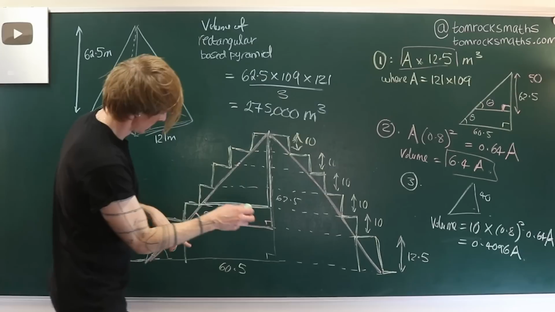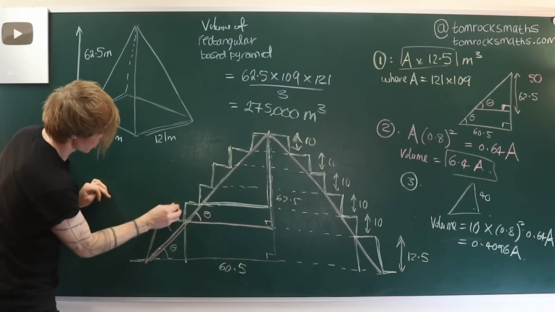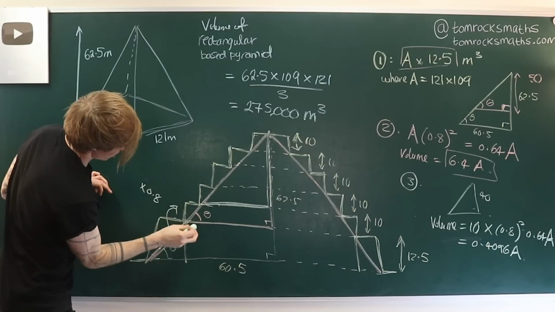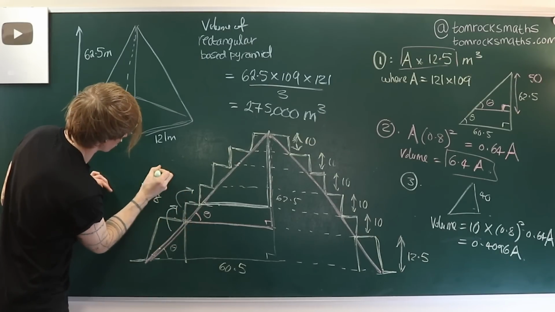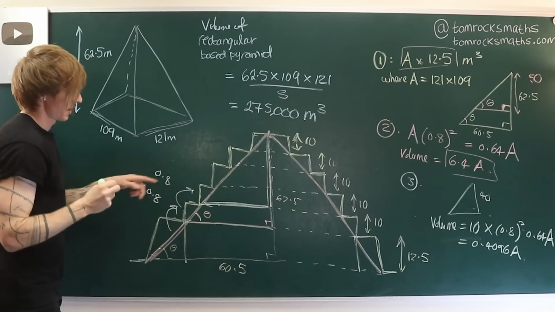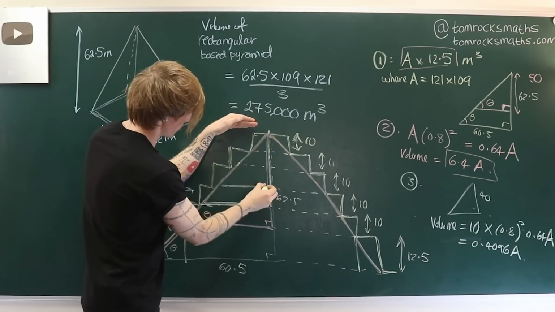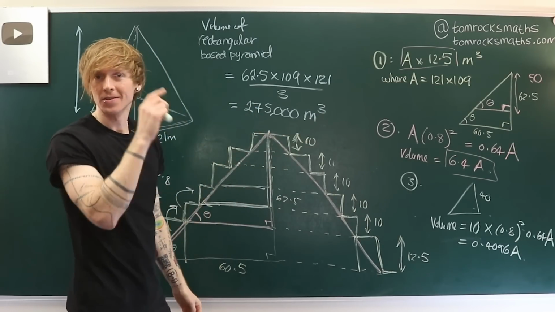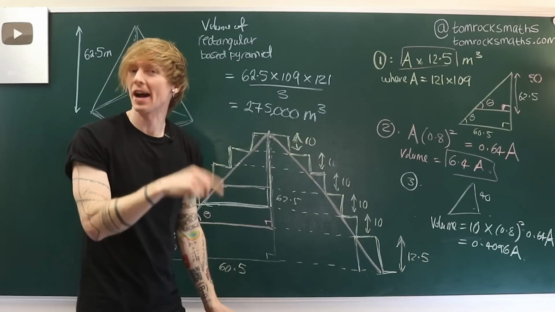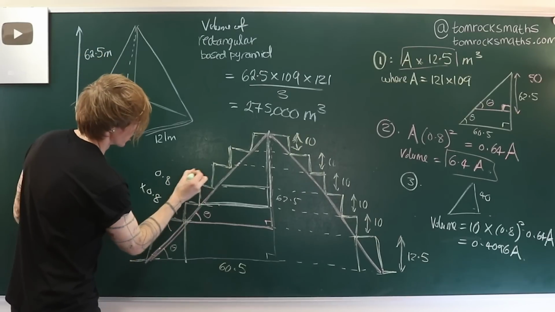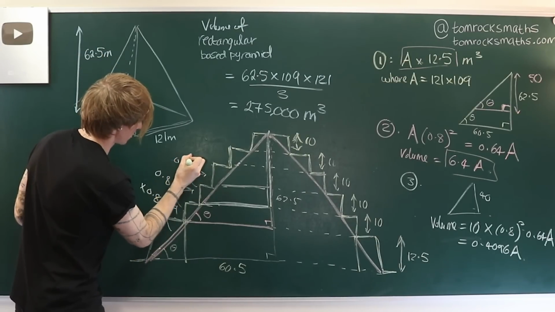So thinking about it from here to here, this was a 0.8 factor. From 2 to 3 was also 0.8. Now we go from a height of 40 to a height of 30. So that is a factor of 0.75. The factor changes at this stage. So we then go times 0.75.